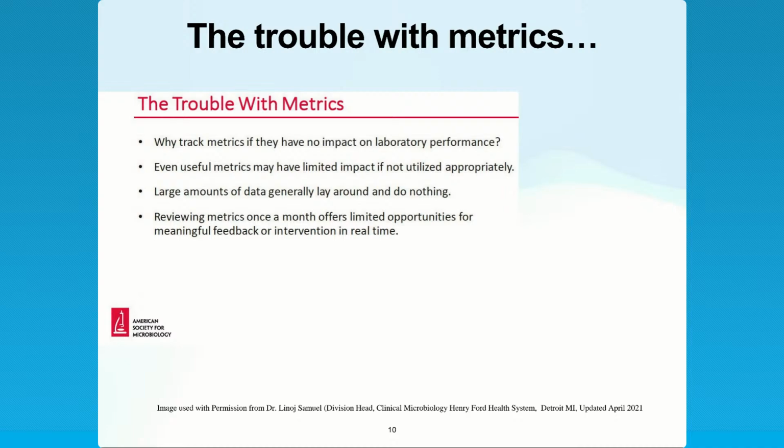Number 2, the data that we usually have sits around until we have our quarterly evaluation, and then we look at it. And I got this from Linode Samuel, who used to be, and I think is still, the division head for Clin Micro at the Henry Ford Center, and this is used with his permission. And then reviewing these metrics offers you almost no opportunity to respond in real time. It offers you historic possibility.